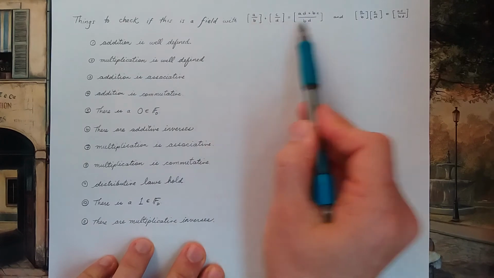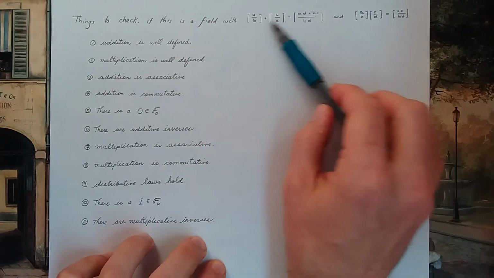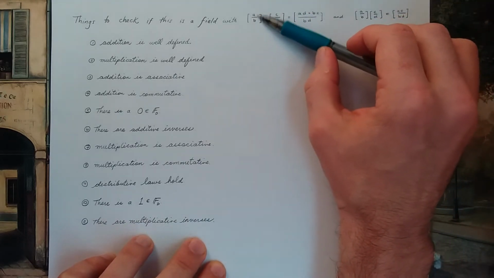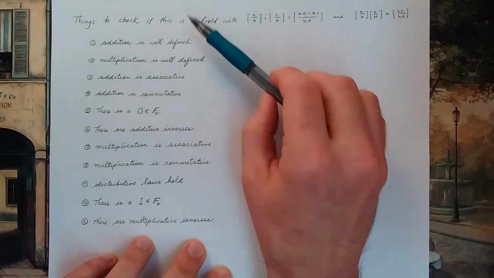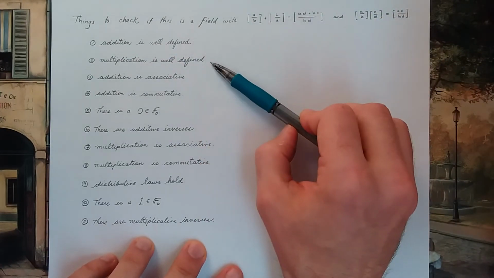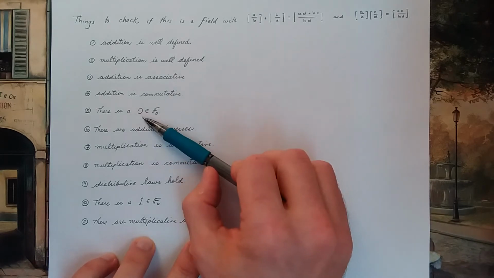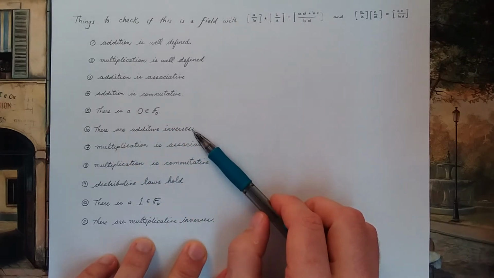So we have this addition, this multiplication. Since we're defining the addition and multiplication on equivalence classes, and it appears as if the choice of representative affects our addition and multiplication, we need to first verify that addition and multiplication are well defined. Then addition has to be associative, commutative. There needs to be an additive identity. You need to have additive inverses.